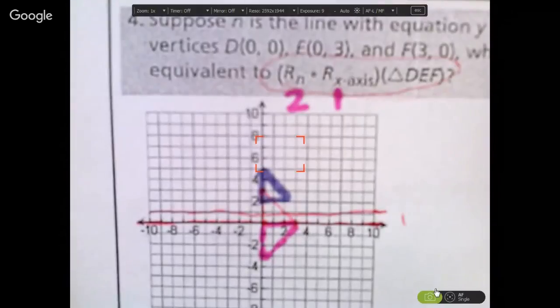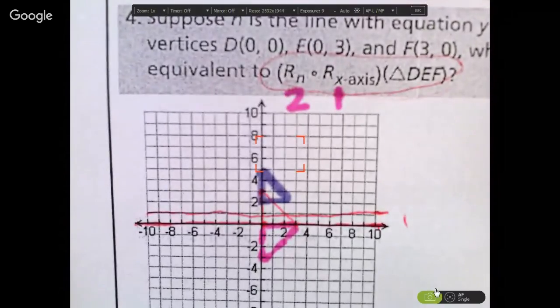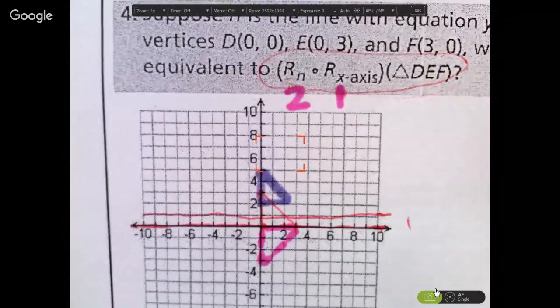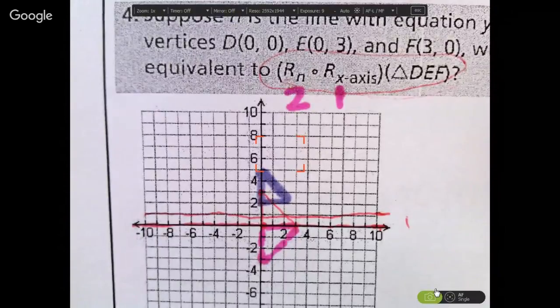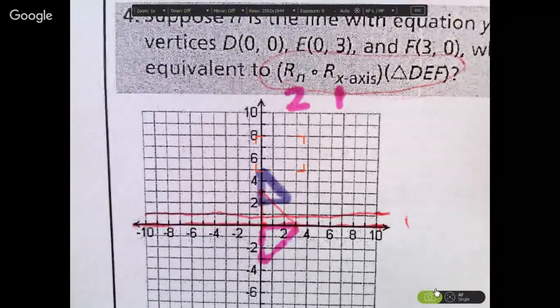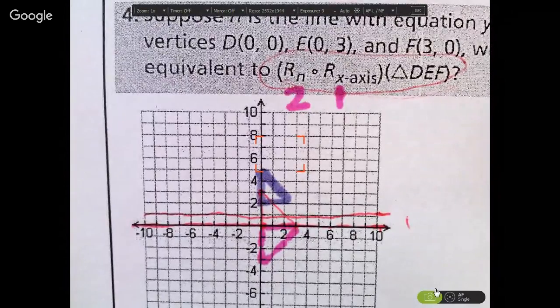My red is my initial shape. Then I reflected it across the x-axis, and then I reflected across y equals 1. So it was 1 space away from that line, and 1 space away there. Had I just followed the rule of the transformation, because there is 1 between the lines, I can move it 2.